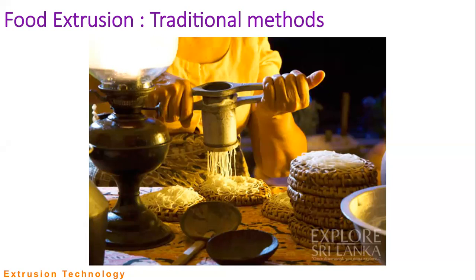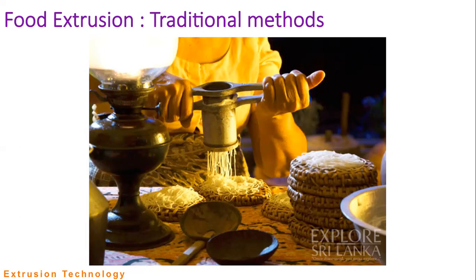We need to give a pressure force to pass this dough from top to bottom, and based on this pressure you can see it will move, and at the end of this bottom part you can see a mold or die. As a result, we can collect a shaped food product. Right? At the end of this process, you can get string hoppers.